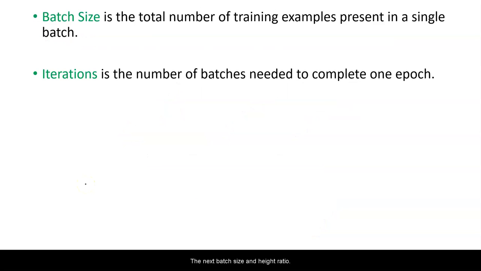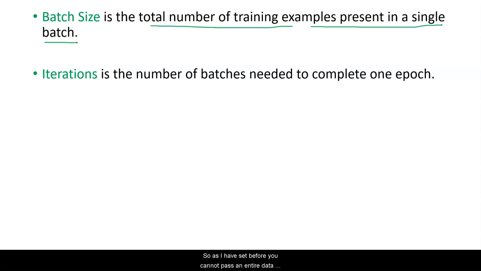So next is batch size and iteration. Batch size is the total number of training examples present in a single batch. As I have said before, you cannot pass an entire data set into the neural network at once, but instead you have to divide your data set into a number of batches, right?